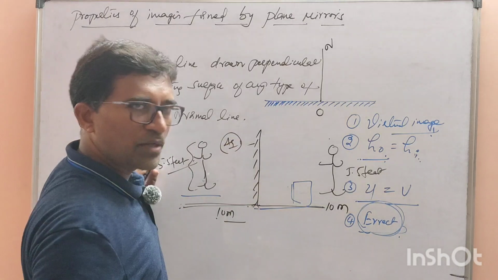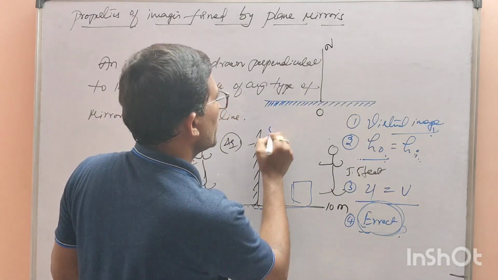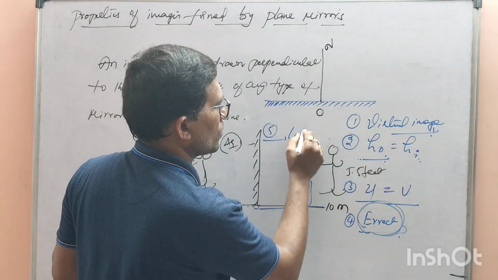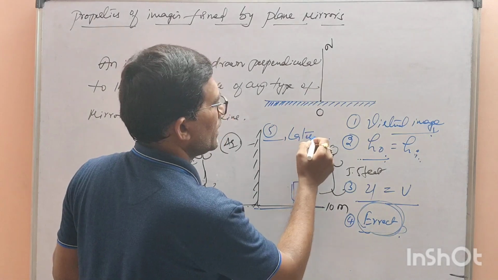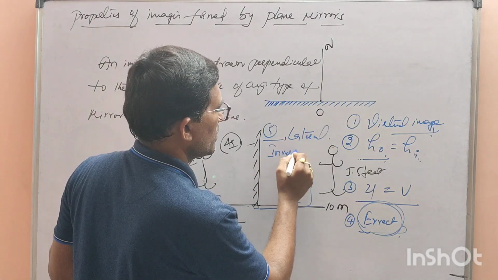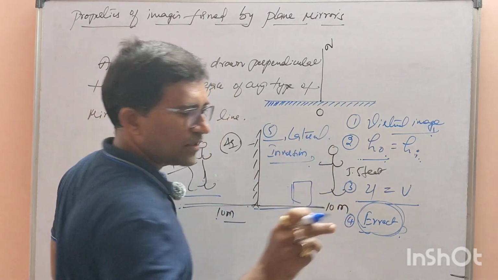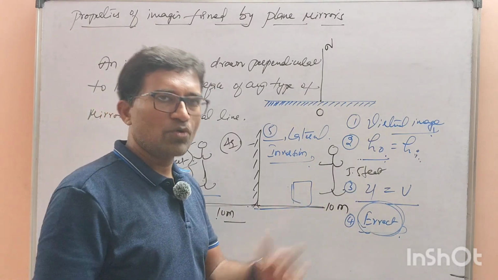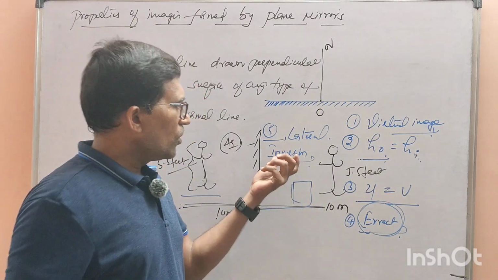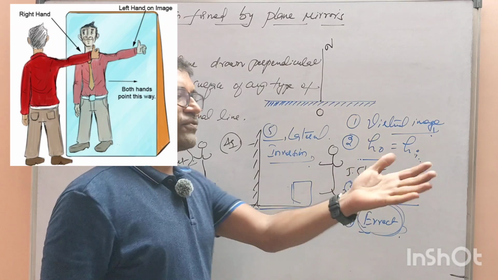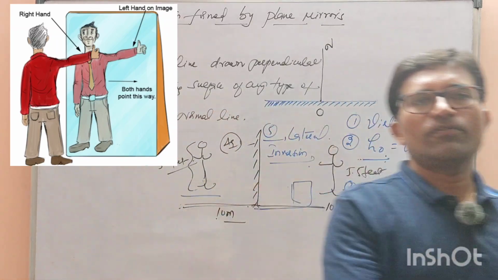And you can also observe one more thing. The image formed in the plane mirror undergoes lateral inversion. I will be showing you that in the pictures provided while the class is going on. Lateral inversion means your left will look like a right, and right will look like a left in the mirror.